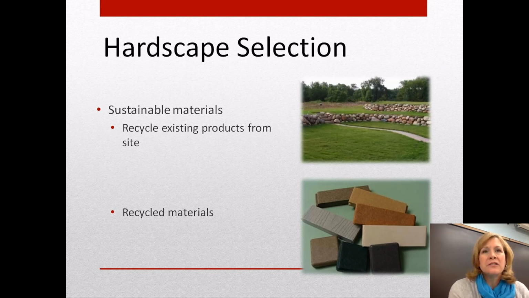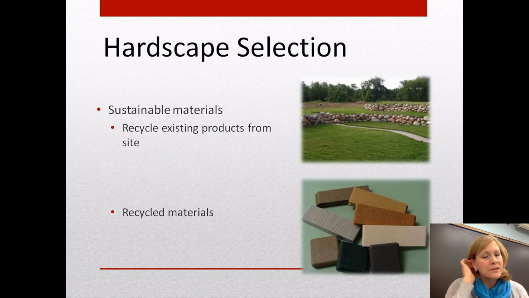The other consideration in making a landscape more sustainable is the selection of your hardscape materials. So when possible, you can use sustainable materials by recycling existing products from a site. The image on the top is a residential property where the homeowners recycled boulders that they found during the excavation of the house and used those to create a natural wall.